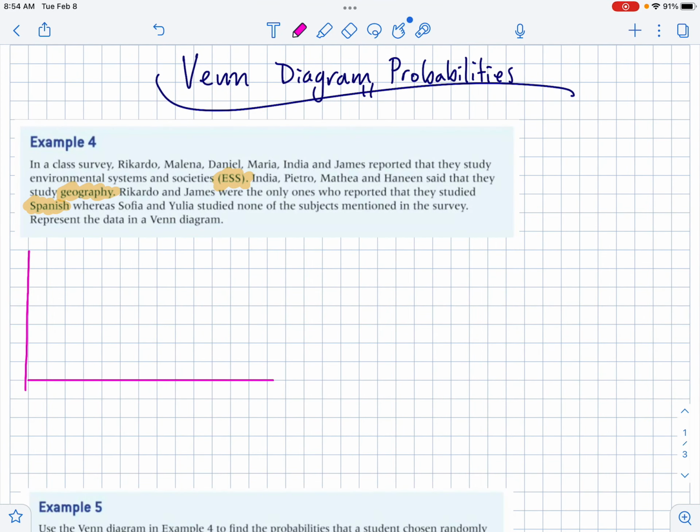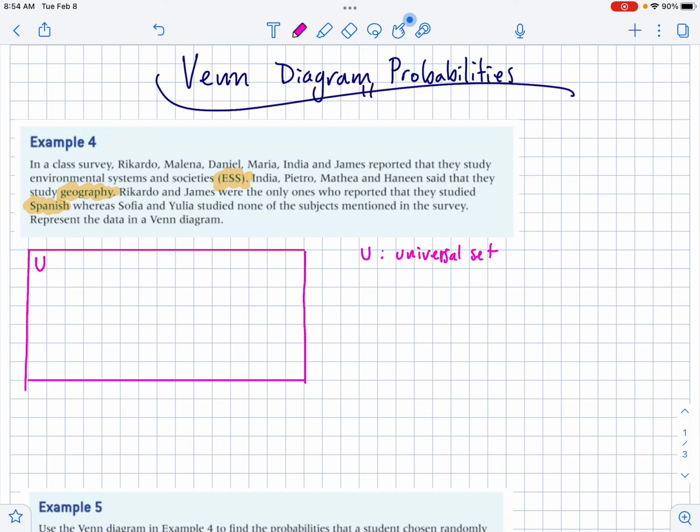Every rectangle is like the entire sample space, and you always label this U. U can also be thought of as the universal set. This is like everything that exists in the problem.